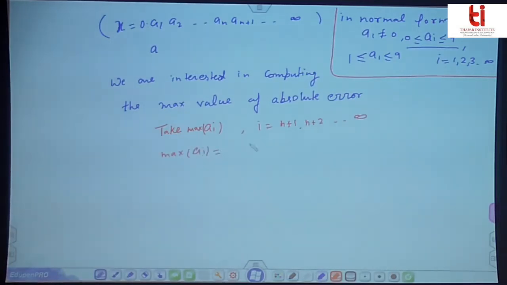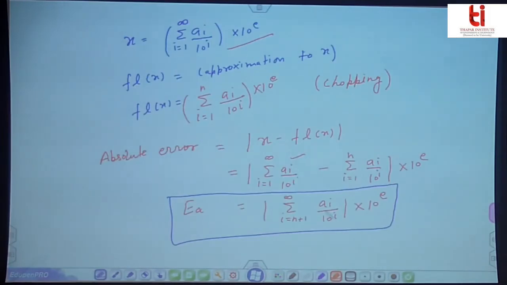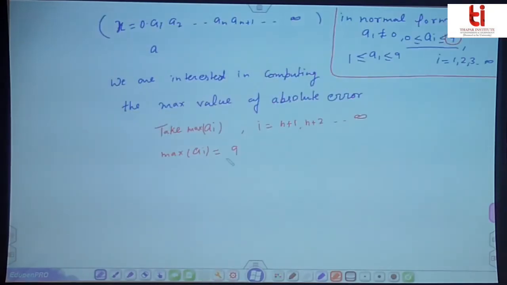From here you can say something. a_i is bounded, it lies between 0 and 9, so the maximum value of a_i is 9. So we can replace all values in the absolute error, a_(n+1), a_(n+2), a_(n+3) and up to infinity, by the maximum upper bound. So we can replace a_i over 10 raised to power i, i from n plus 1 to infinity, times 10 raised to power e, by the maximum value.